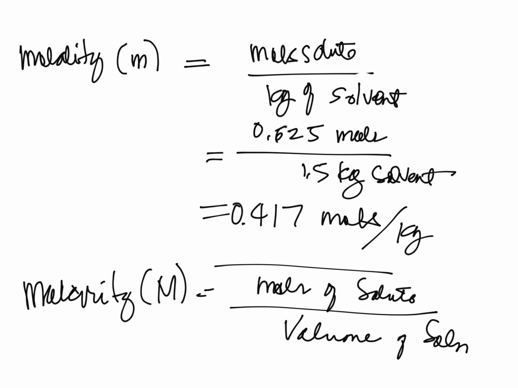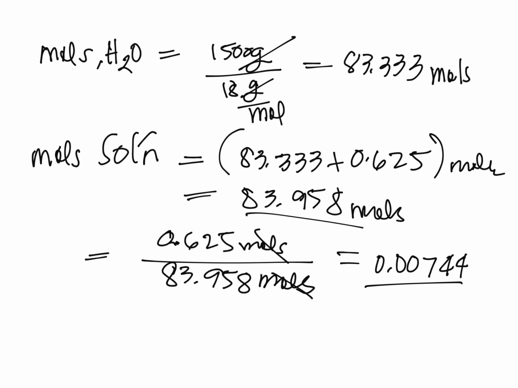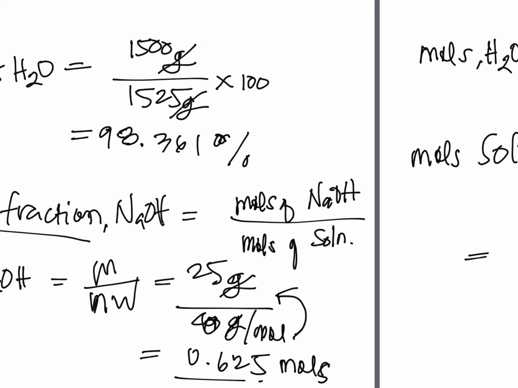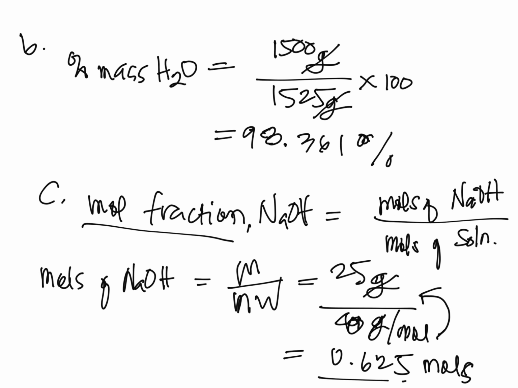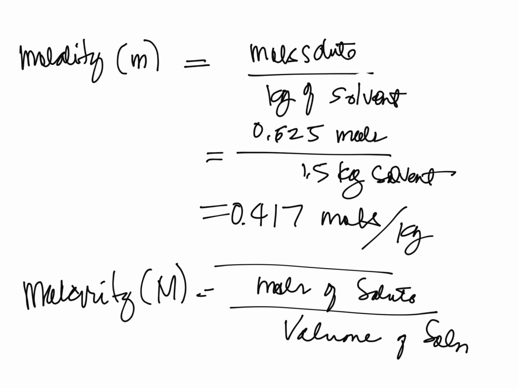So the problem is we don't have yet the volume of the solution, but we do have the mass of the solution. Let's see. Mass of the solution is 1,525 grams. So we're just going to use the density in order for us to convert it into volume.